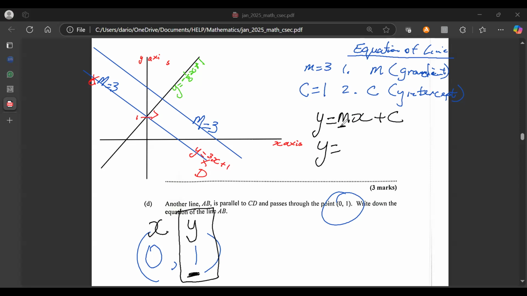What did we find the gradient of the new line to be? 3, sir. 3x plus 1. So this is what CXC asks. So your answer is y equals 3x plus 1.